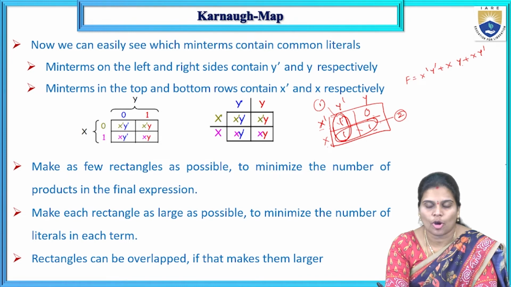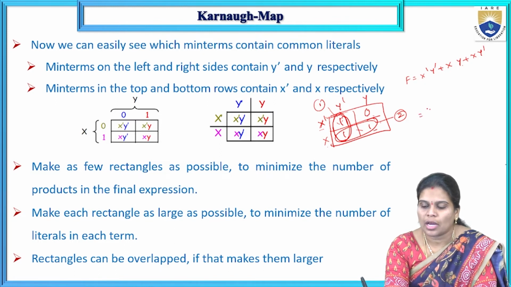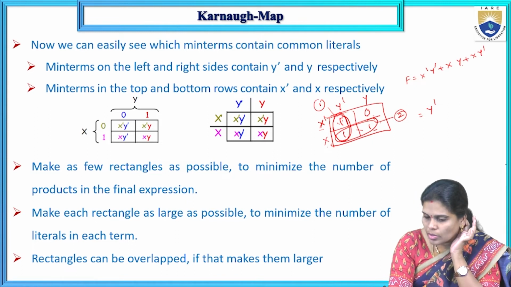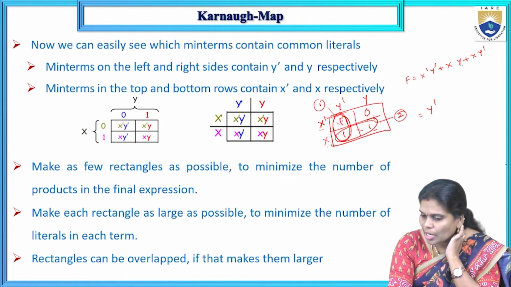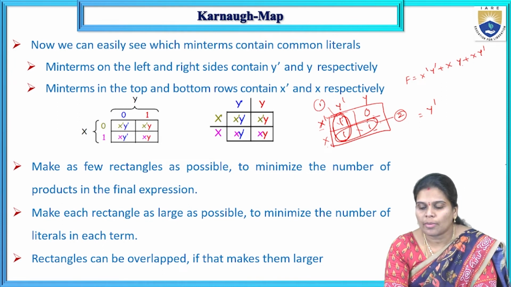So there is no common variable in x. Now coming to the y side, the vertical side. In these two boxes y bar is there, so y bar is the common variable. We write only the common variables for the group. Next, coming to this side.